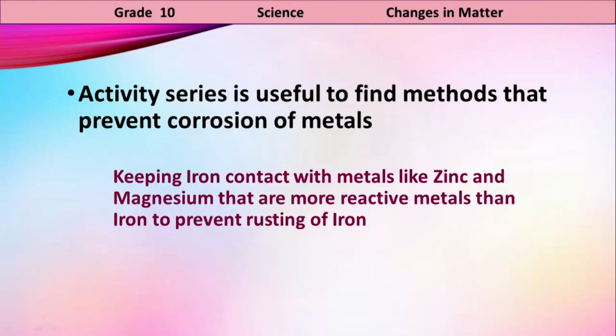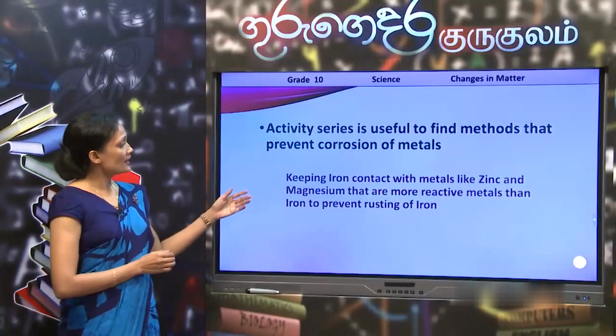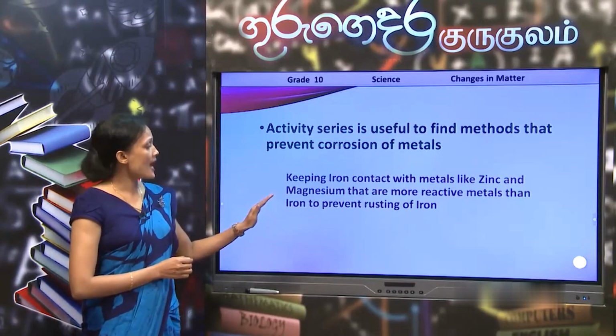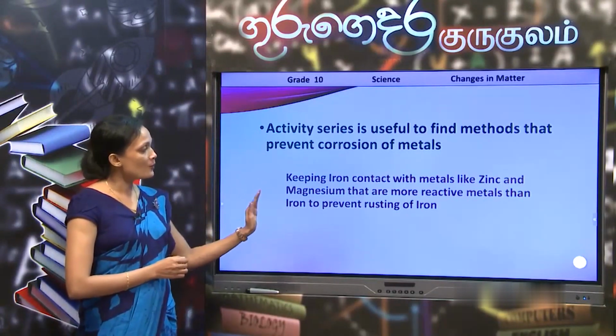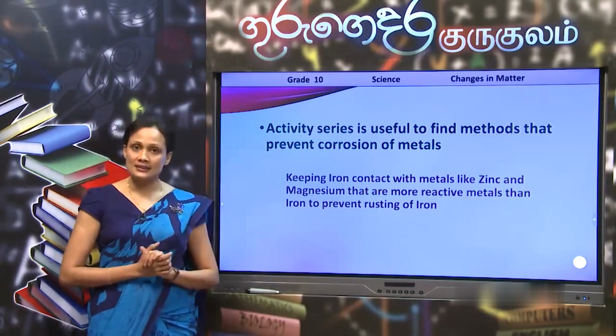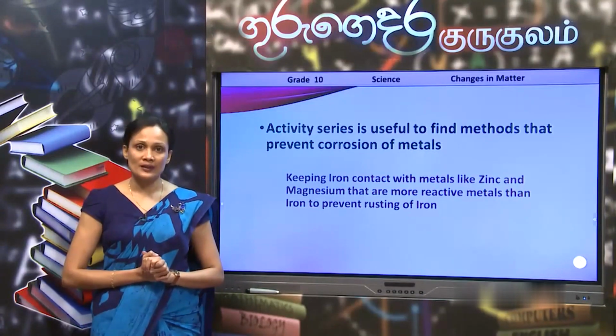When a higher reactivity metal is kept in contact with a lesser reactivity metal, we can protect the lesser reactivity metal from corrosion. Look at this example. Keeping iron in contact with metals like zinc and magnesium, which are more reactive than iron, prevents rusting of iron.